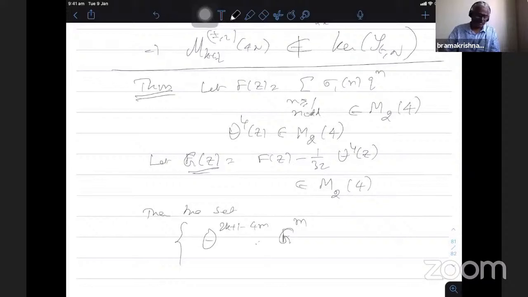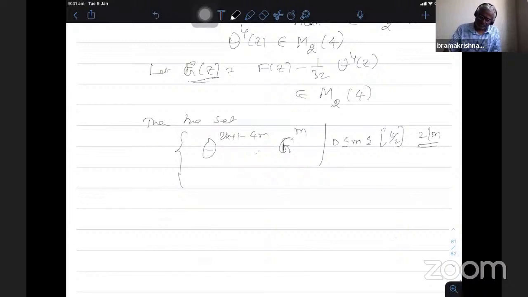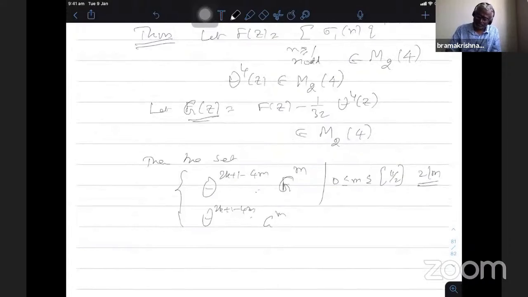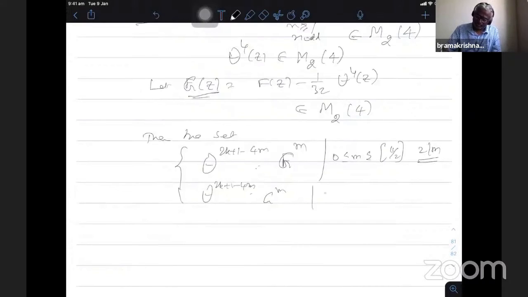To take this one where 0 less than or equal to m less than or equal to k by 2, where 2 divides m. And the same set of functions, theta power 2k plus 1 minus 4m into G power m. The G is this function. Remember that we have fixed minus 1 by 32 theta power 4. I run over all m less than or equal to the integral part of k by 2, where 2 does not divide m. Among these numbers, you take the m even case and m odd case, you separate it out.